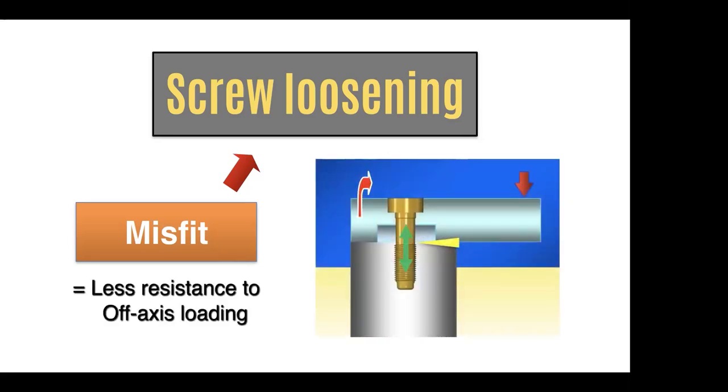If there's a misfit or a little gap at the interface between implant platform and the prosthesis or the abutment, this gap tends to exaggerate the cantilever movement and make the screw loosening even easier because there's less resistance to the lateral forces.